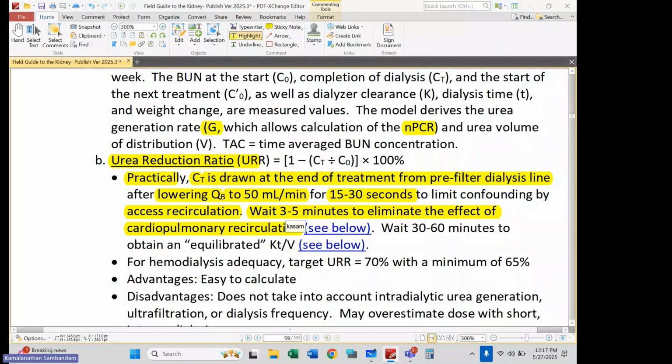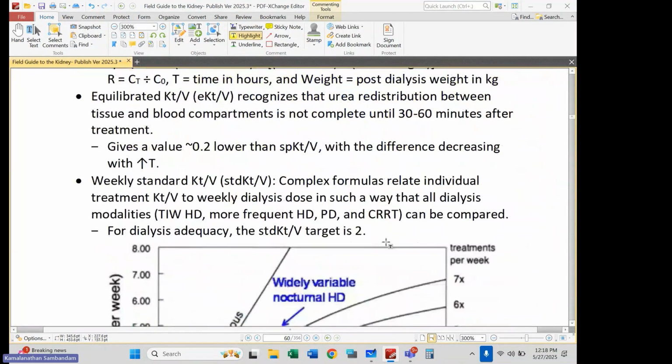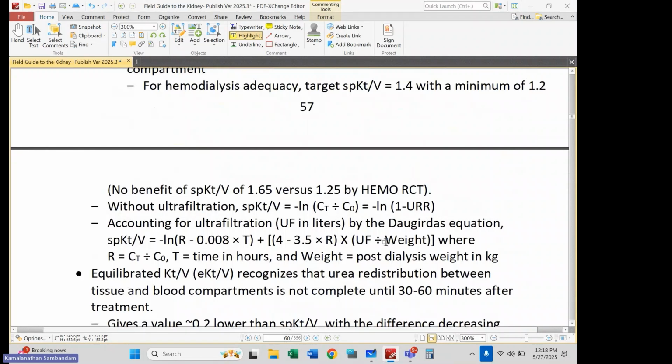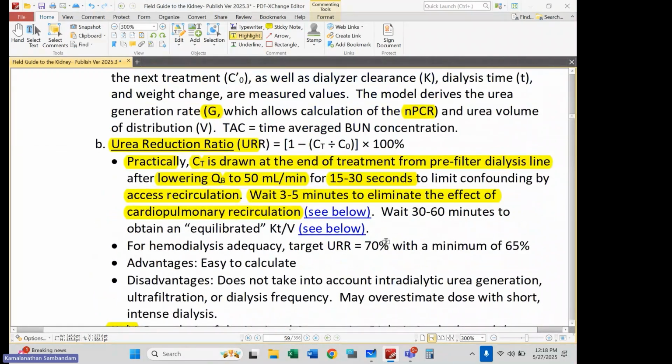So cardiopulmonary recirculation always exists for fistulas and grafts. It is not a concern when you have a catheter in, but what's happening with cardiopulmonary circulation, I think we'll talk about as we describe some complications of dialysis. I do go over recirculation later on, okay?